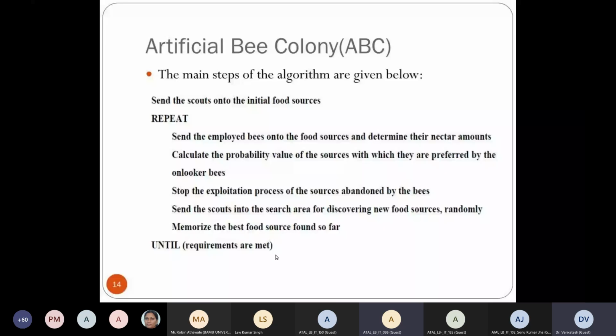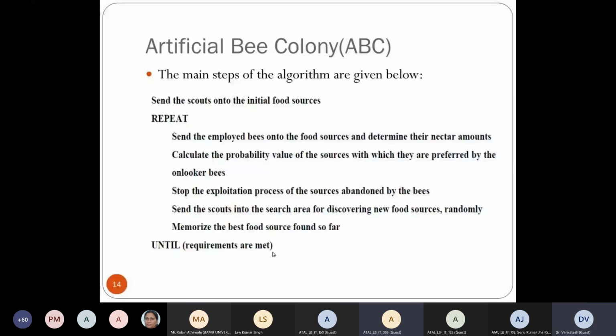For example, if you are solving a traveling salesman problem and you want to find a solution with a distance of 100 kilometers, once you meet the 100-kilometer distance, you can stop there, right?